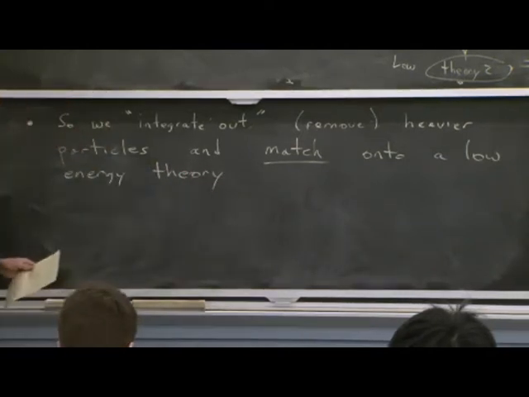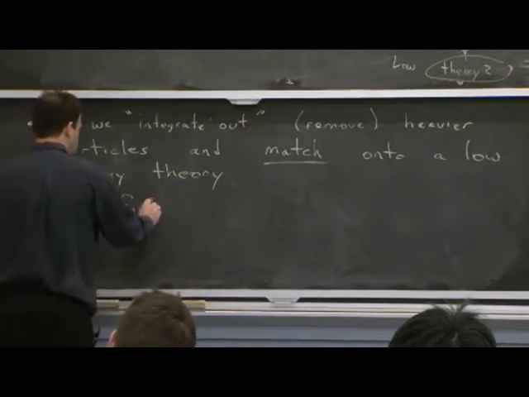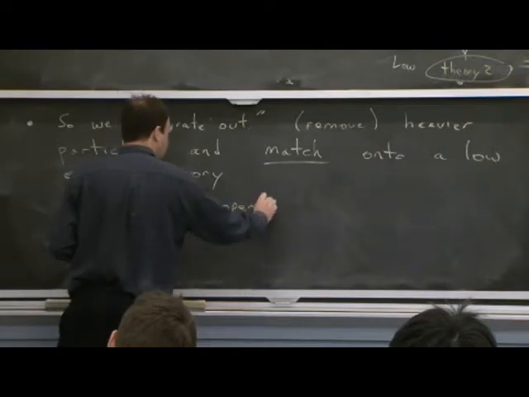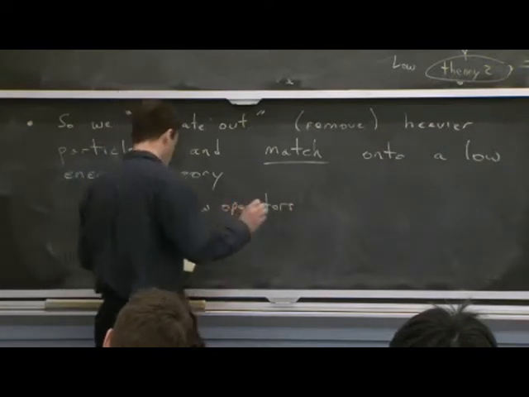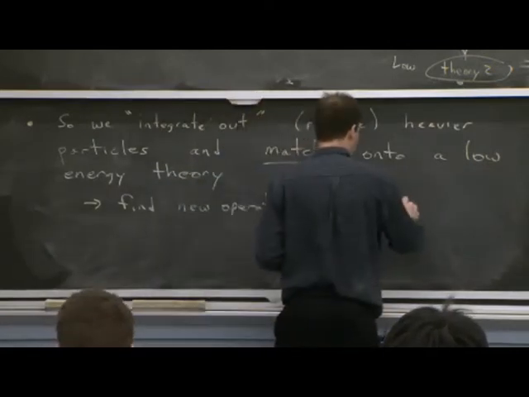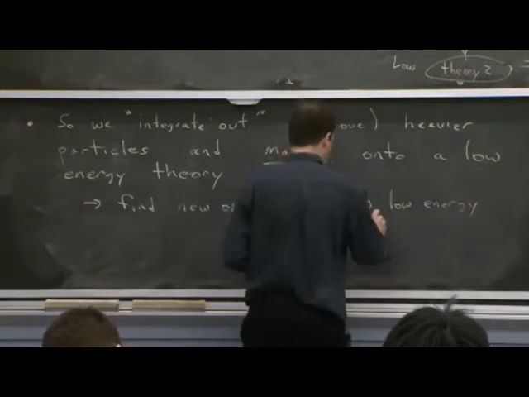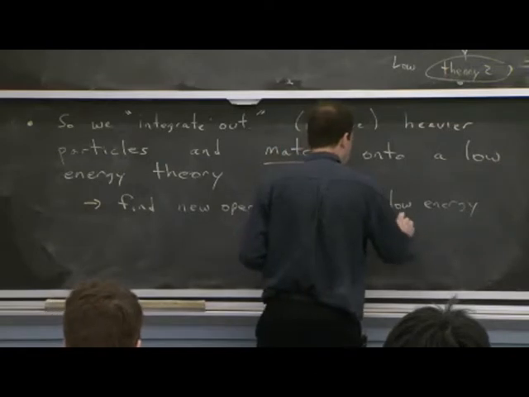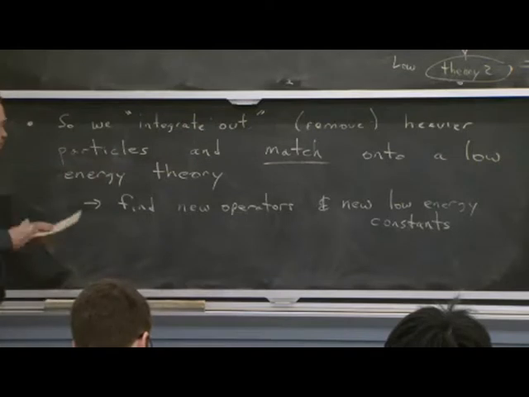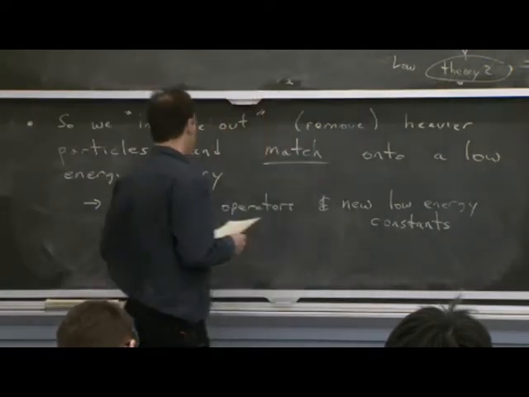That means we can use this ability to do calculations in the high energy theory to find what the operators are of the low energy theory, just by direct calculation. And also, if there are new low energy constants that show up, we can calculate the values of those constants by using information and connecting them to the high energy theory. So in this case, we're able to use calculations, really, to construct the low energy theory.